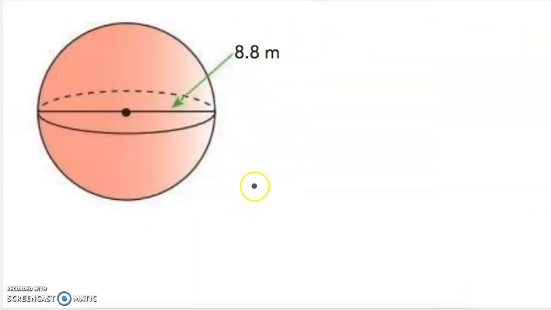So the first one here, we have a sphere with, it looks like the diameter is 8.8. Again, the formula for volume is equal to 4/3 pi r cubed.